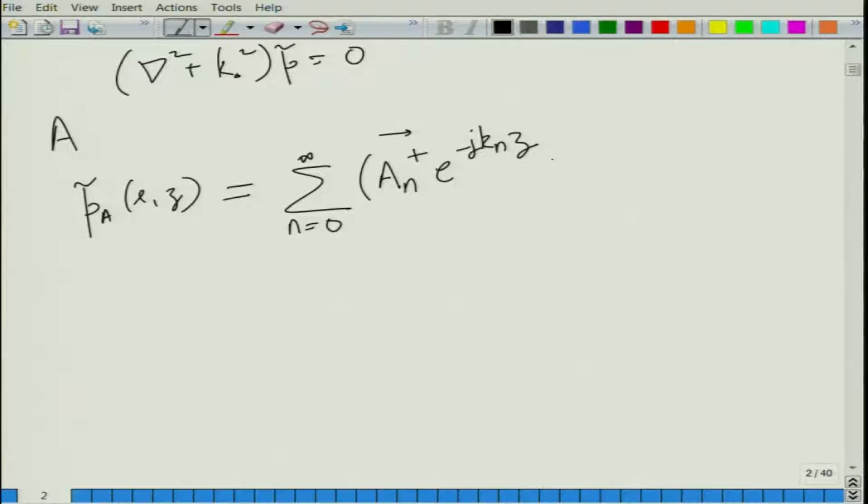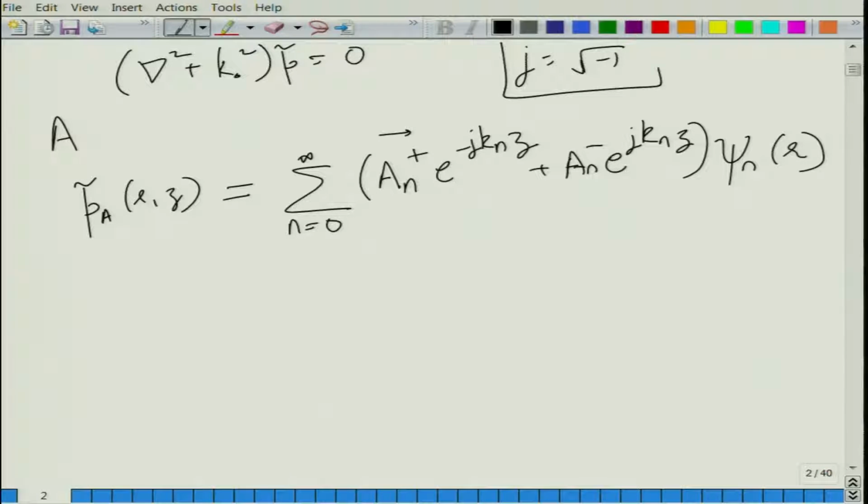K n, I will tell you what K n is, and A n minus is the negative propagating wave coefficient, and this is your xi n of r. As usual, j is root over minus 1, so keep that aside, and A n plus and A n minus are the modal amplitudes.